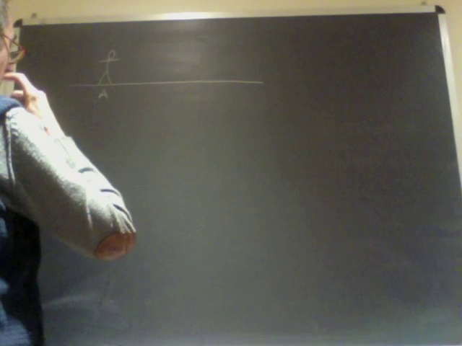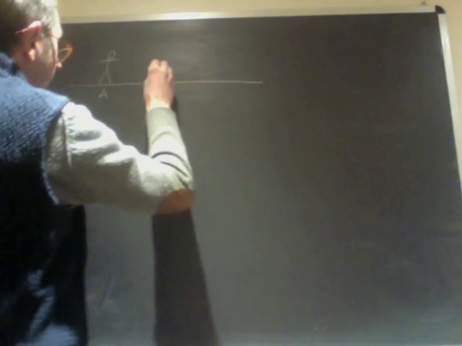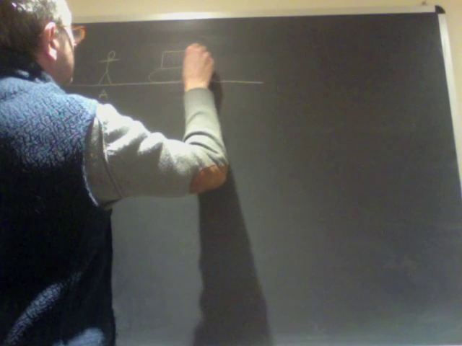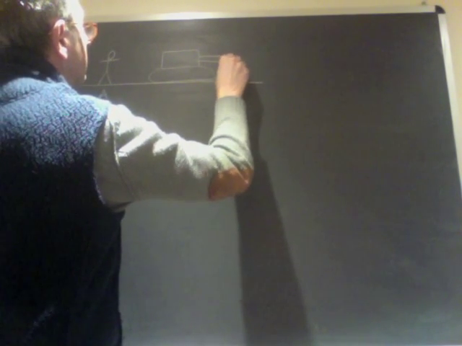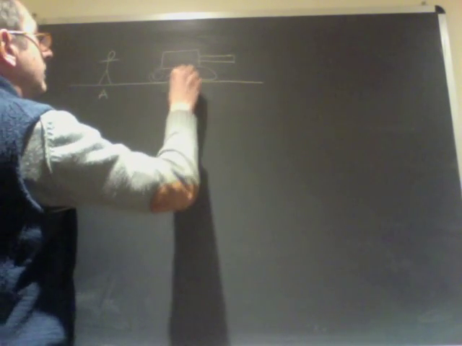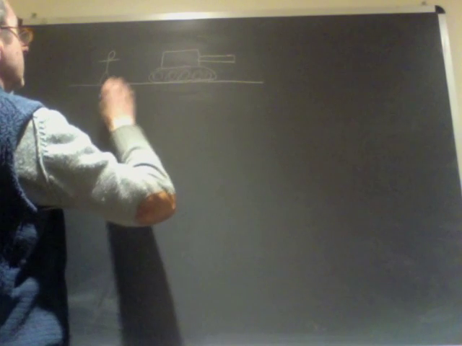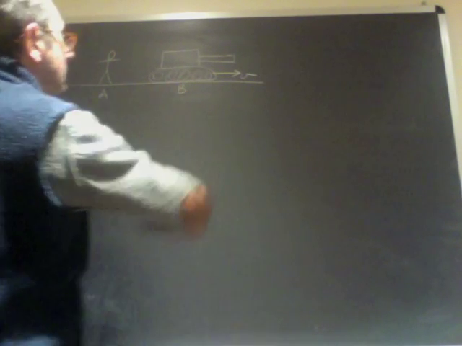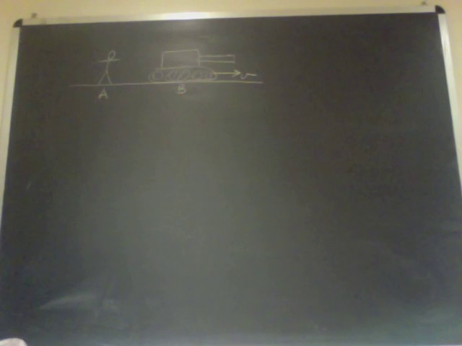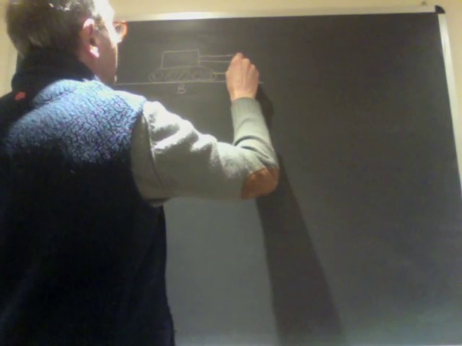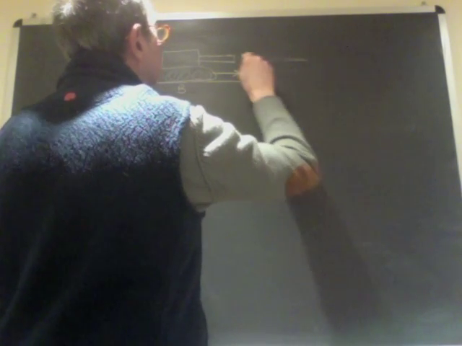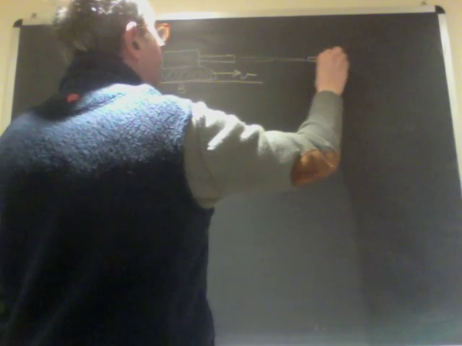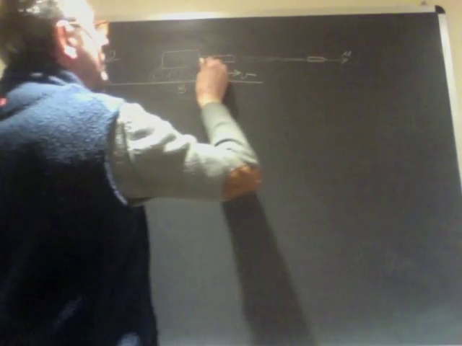This is the man with the label A. Then we have a tank moving in this direction with velocity v, with label B. And then we have a projectile traveling in this direction with velocity u relative to the tank.